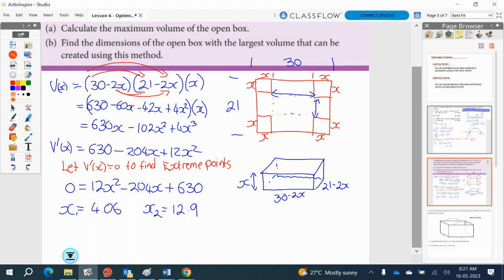I think the easiest way would be to sketch this and find the maximum volume of the box. But usually they structure it another way where you have to use the derivative. So to use the derivative, you want to sketch the derivative, which would be this function here.